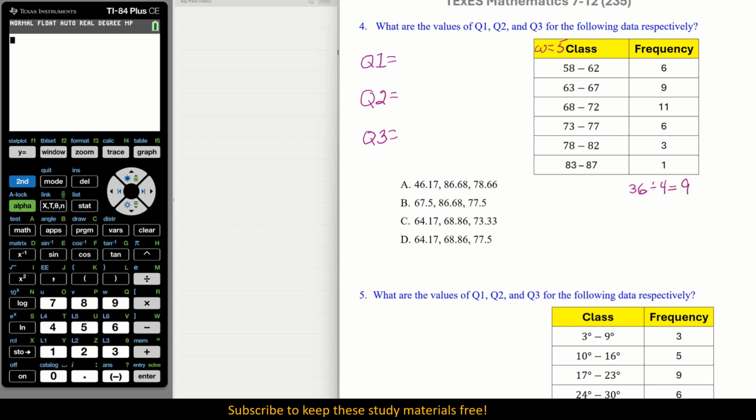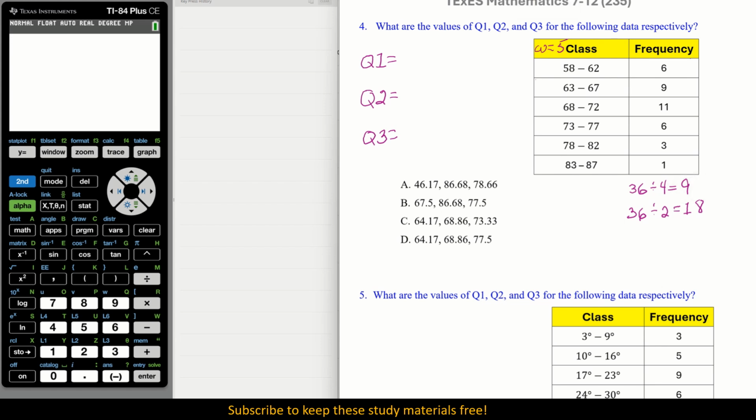That separates us into our quartiles, Q1, Q2, Q3. And if you remember, we've already calculated Q2 in the prior video. If we divide this by 2, naturally we will have 18.